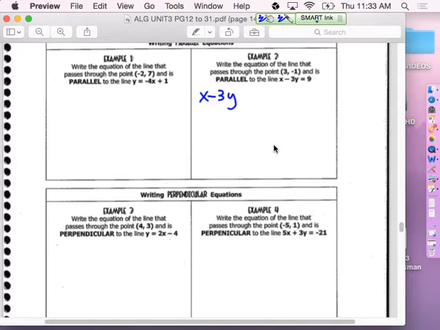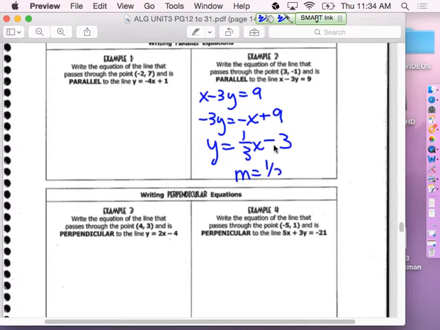So I'm starting here, and I would subtract the x from both sides and then divide by -3. This allows me to quickly identify my slope. So my slope is 1/3. This is my old line or my given line. And I'm now going to write the new line that's going to be parallel to the old line.